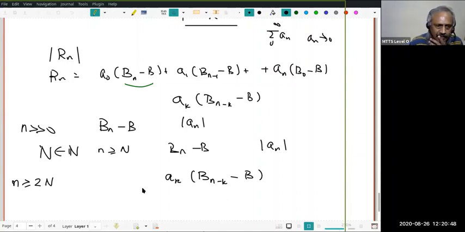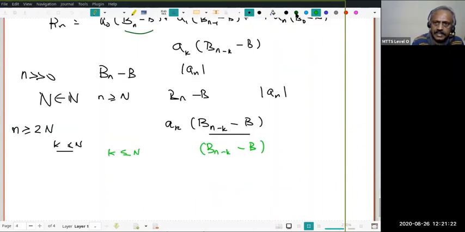If my k is less than or equal to n, then n minus k will be greater than or equal to capital N. Therefore this term, b_{n-k} minus b, will be easier to estimate. So when k is less than or equal to n, this term is easier to estimate.